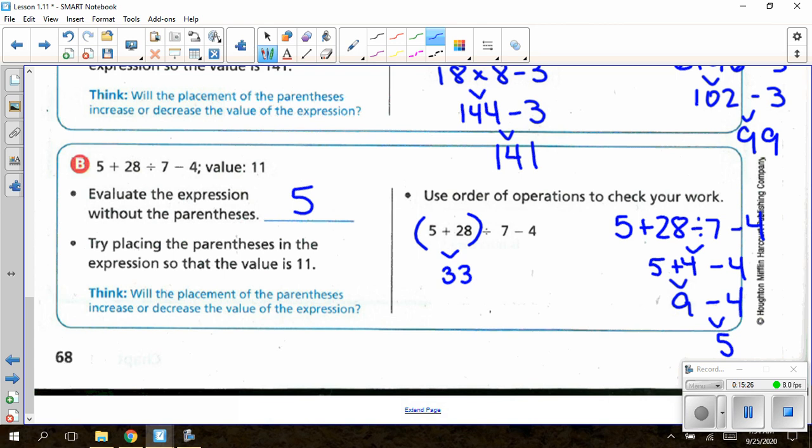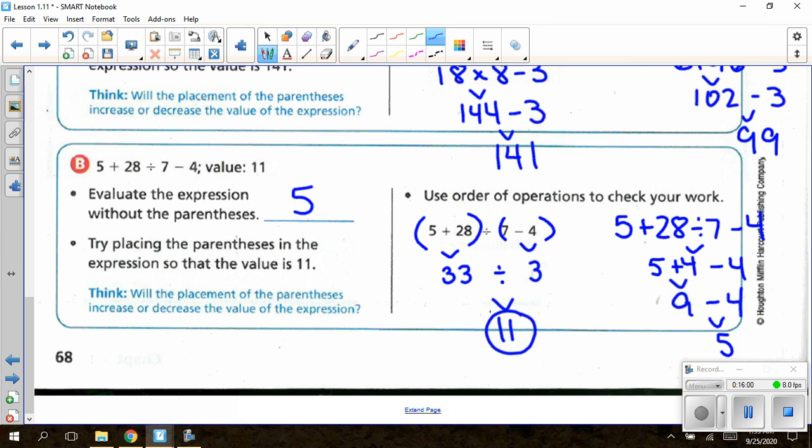And if I would subtract first and place the parentheses around there, 7 minus 4 is 3, and I know I would not be able to do 28 divided by 3. So this is a case where we do have to have two sets of parentheses and solve both parentheses first before we can then do our final step of division. And if I do that, I do get the correct value that they wanted me to find of 11.